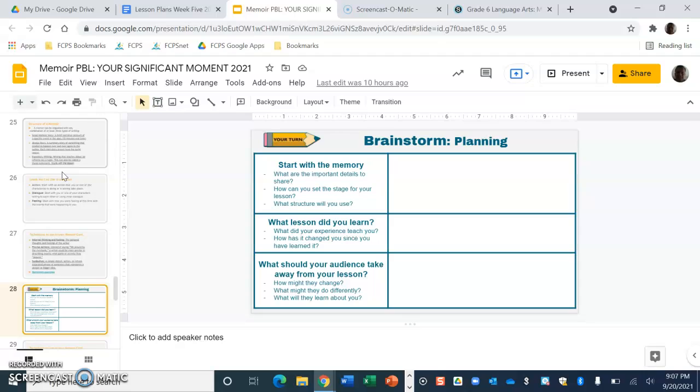I want you to take that idea, and we're going to expand on it a little bit further by filling out slide 28. So you would be working through the memory, filling out those mini questions that you see in the right-hand column, working through it. The idea with this is that it's getting a little more specific with your planning, getting you ready to start your rough draft.